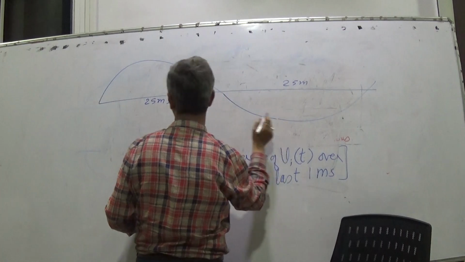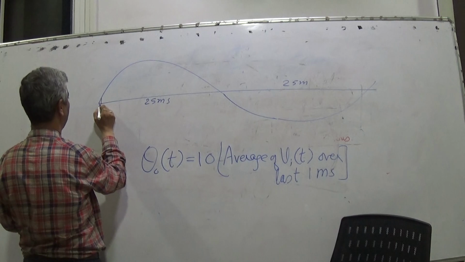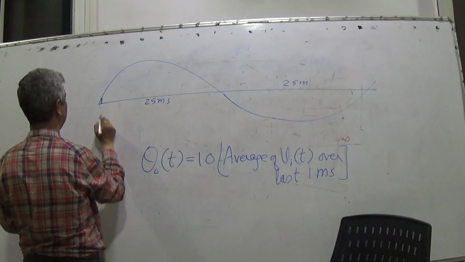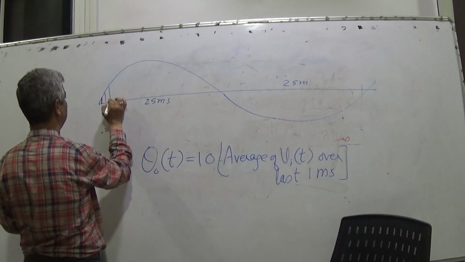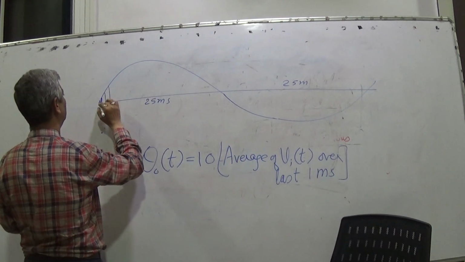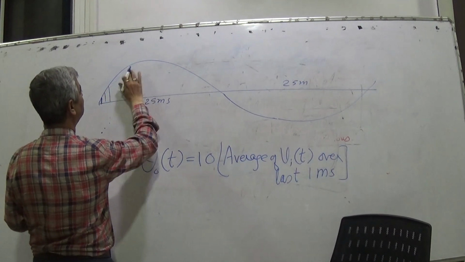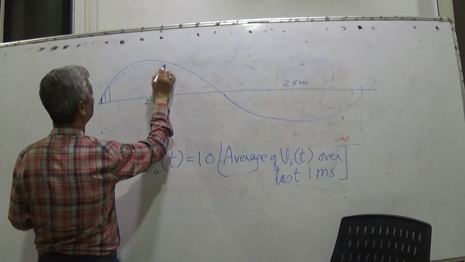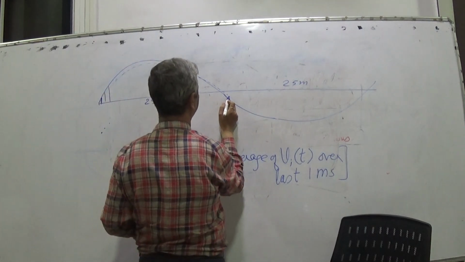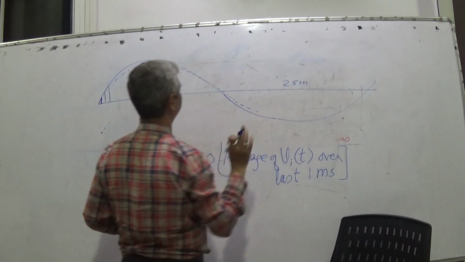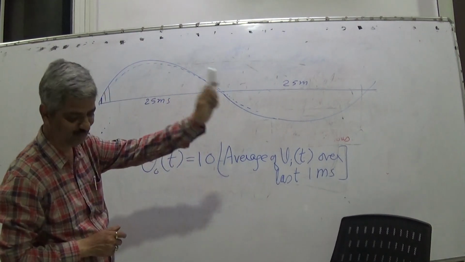If it is a 20 Hertz signal, then 1 millisecond average. So if I average this over this 1 millisecond, the average will be here. The next millisecond average will be here. The next millisecond average will be here. So the average signal will be approximately the same signal as the input, like this somewhat. The output average signal will be the same as the input signal.